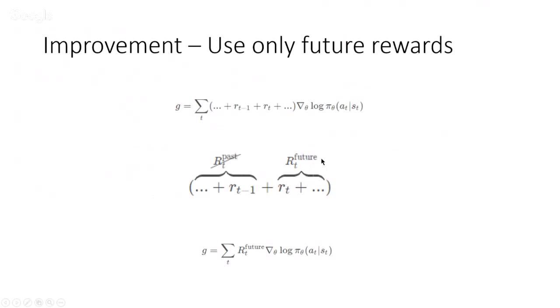Previously we added all of them, took a capital R, and then that capital R controlled the probabilities of all time steps. But now, for this time step to increase or decrease its probabilities, only future rewards will be included, not the past ones.